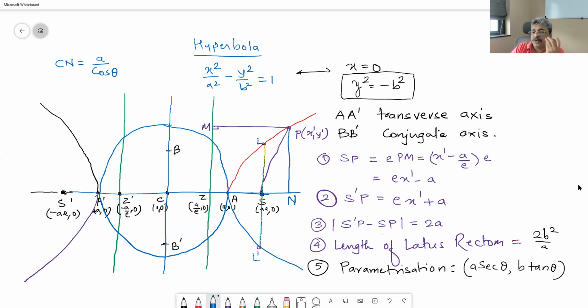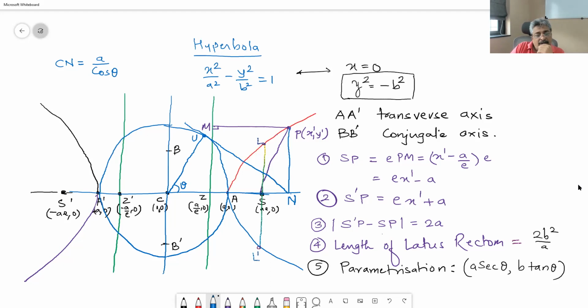So if we do a little bit of trials, we know complete Pythagoras theorem, etc. Draw a tangent from N to the auxiliary circle. The point of contact here is the point on the circle. Join it with the center. Let this point be U and this angle be theta.